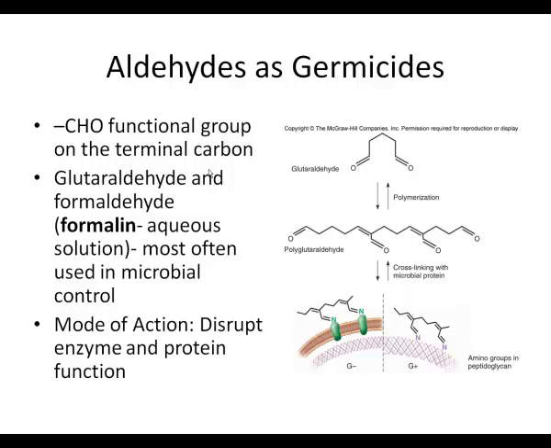They're going to insert themselves into particularly the peptidoglycan of the cell wall, or into the outer membrane of the gram-negative cell wall, and basically disrupt the function of those proteins and enzymes within the cell.